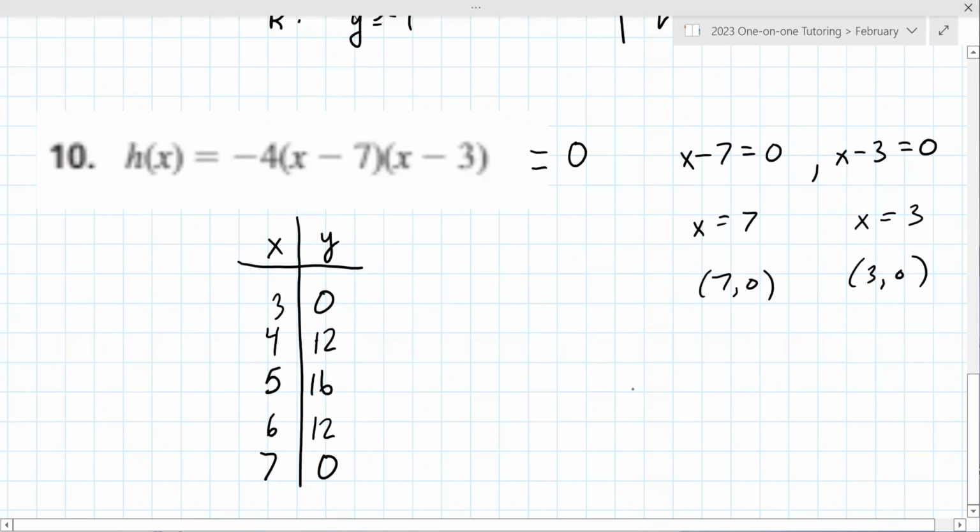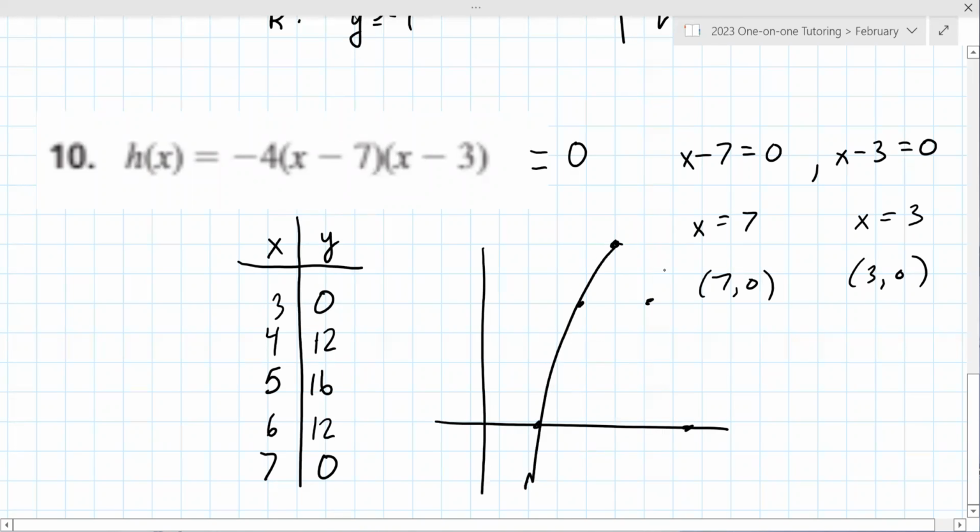Okay. So this one's a little harder to get that exact graph. I would be okay with more of an approximation where 5, 16 is up here, 4, 12, 6, 12, 3, 0, 7, 0, something like that. And I'll probably just go by 4s maybe.